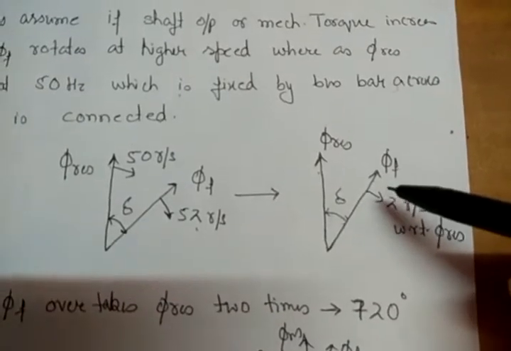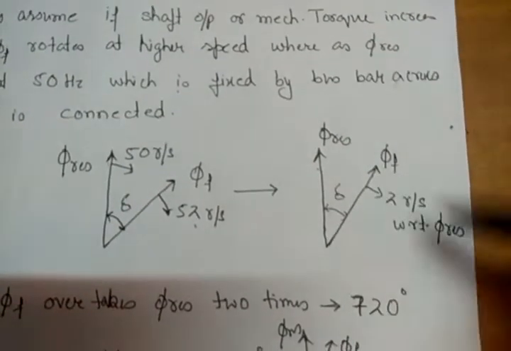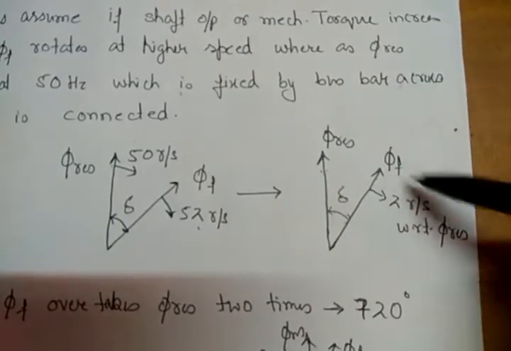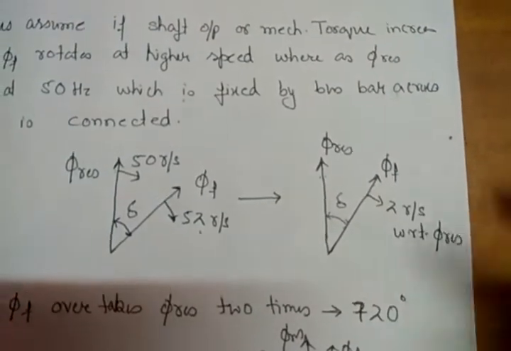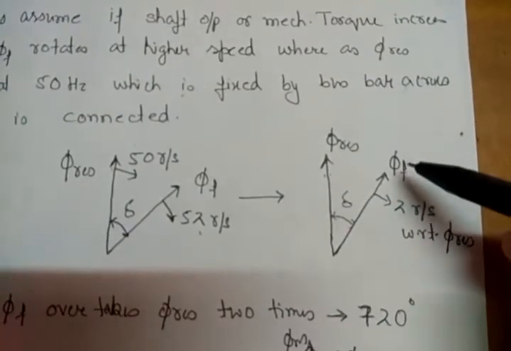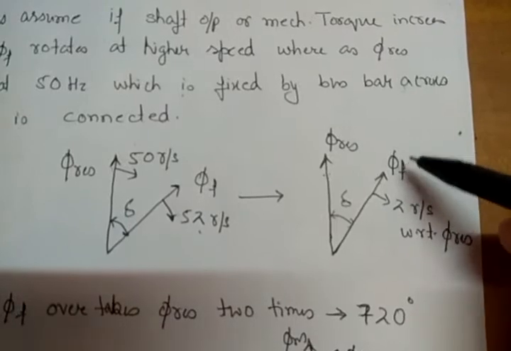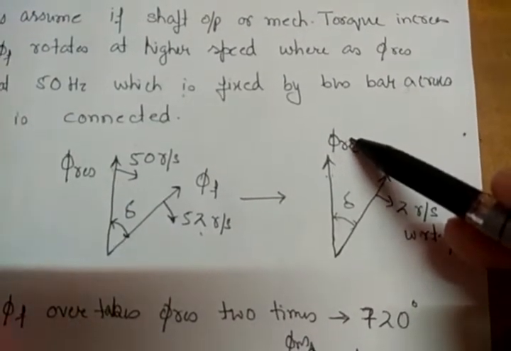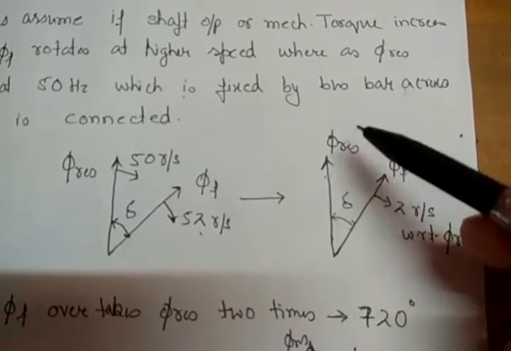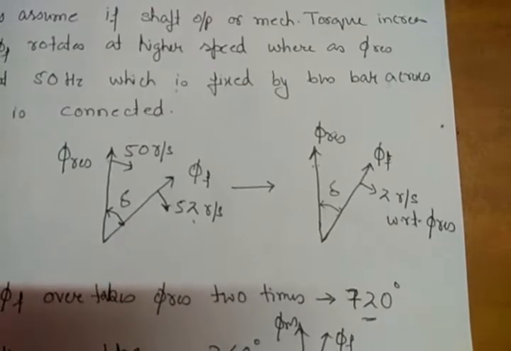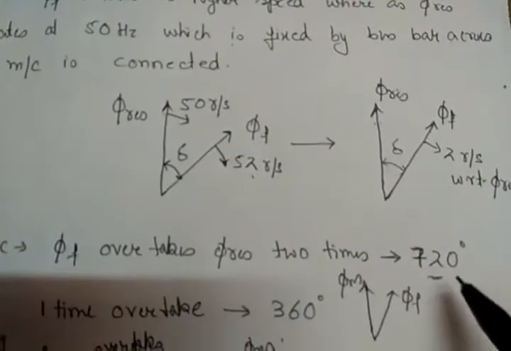After 1 second, phi resultant will come back to this place and phi f will come to this place. So in 1 second, phi f overtakes phi resultant 2 times, and 2 times means 720 degrees.